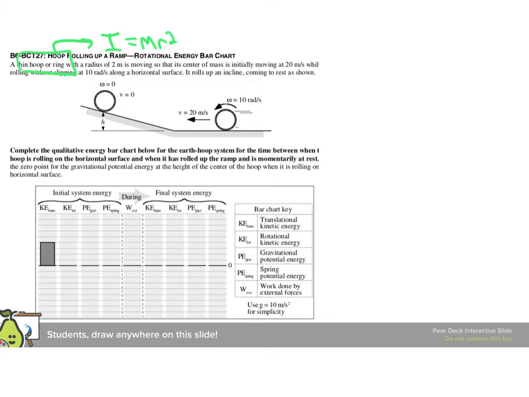Second, it was a little goofy that they told us that it was moving at 20 and rolling without slipping at 10 rad, because v equals R omega, so it had to be that way. That was redundant. Now, it rolls up an incline coming to rest as shown. Complete the qualitative energy bar chart below for the Earth-hoop system for the time when the hoop is rolling on the horizontal surface and then when it has rolled up the ramp and is momentarily at rest.